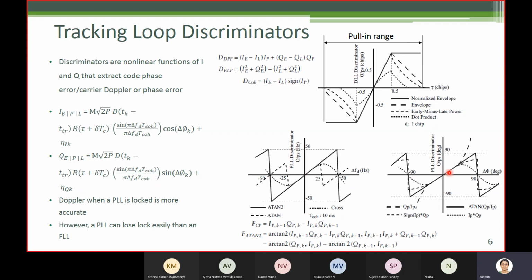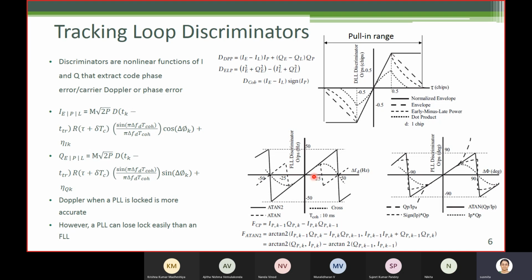And also if the user moves fast, if it has high dynamics, if it changes its orientation fast, turns fast, then also there is a higher chance that the error will go beyond the pulling range in case of the PLL. Whereas the FLL can tolerate all these adverse situations. It can operate at low C over N naught because it tolerates higher errors.